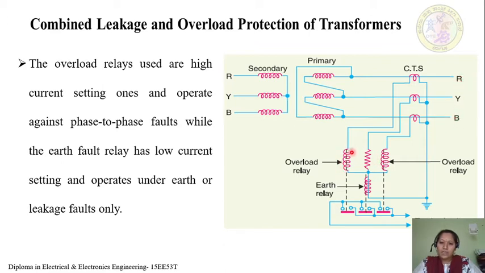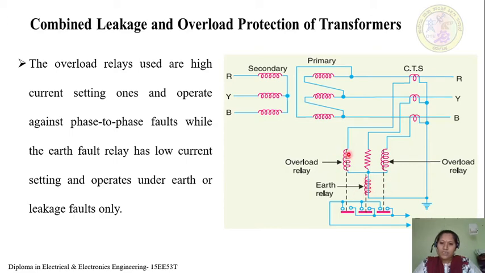These are the two overload relays, and this is the current limiting resistor which is connected to this CT. This CT in turn is connected to the Y phase. This whole junction is connected to the earth leakage relay.